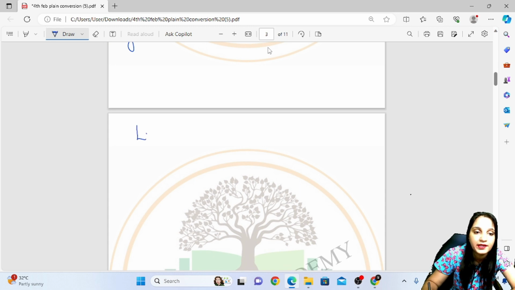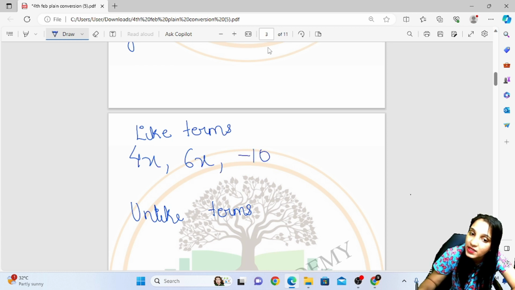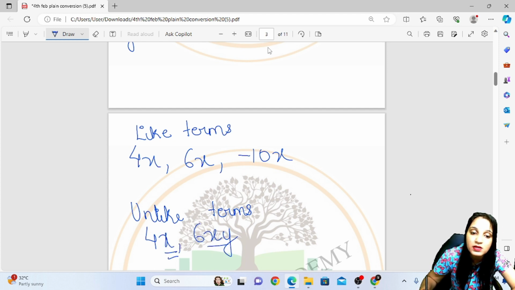First of all, like terms. Now, what are like terms and unlike terms? 4x, 6x, minus 10x are like terms. If I say 4x again and if I say 6xy, then their variables vary, right?